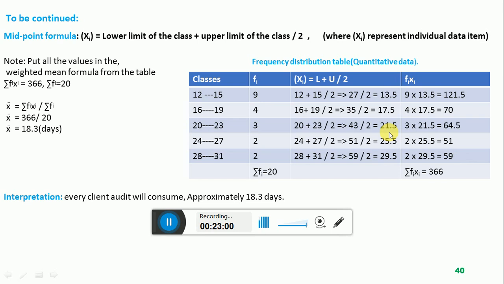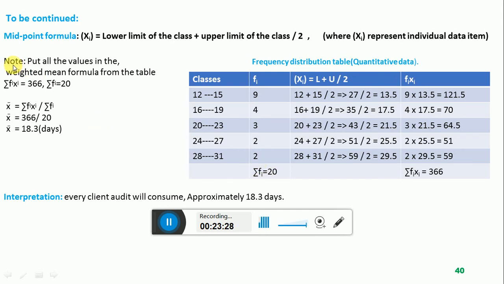Now again, we simply add all the individual weights of the 5 classes. Summation fi is equal to 20 observations, 20 data items of the data set, and here we will add all the weights of all the 5 classes. So summation fi xi is equal to 366. We will put these two measures in the weighted mean formula.